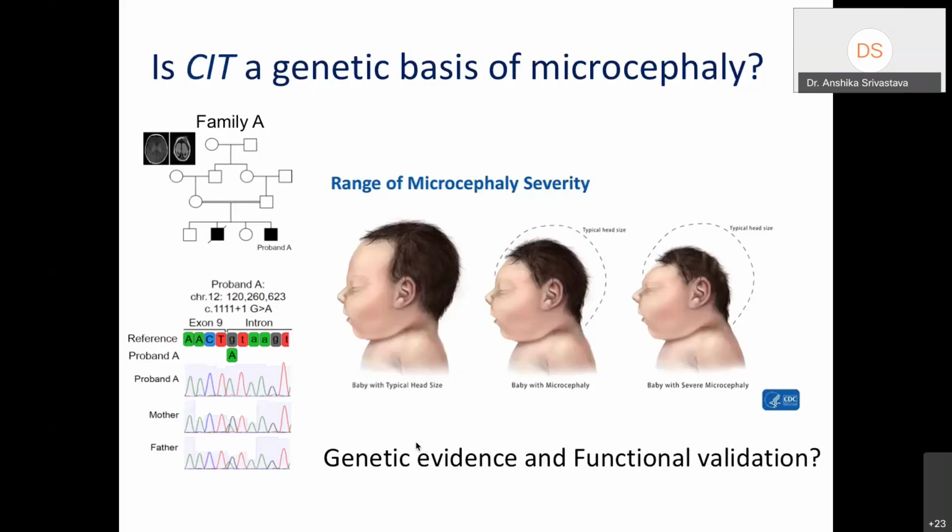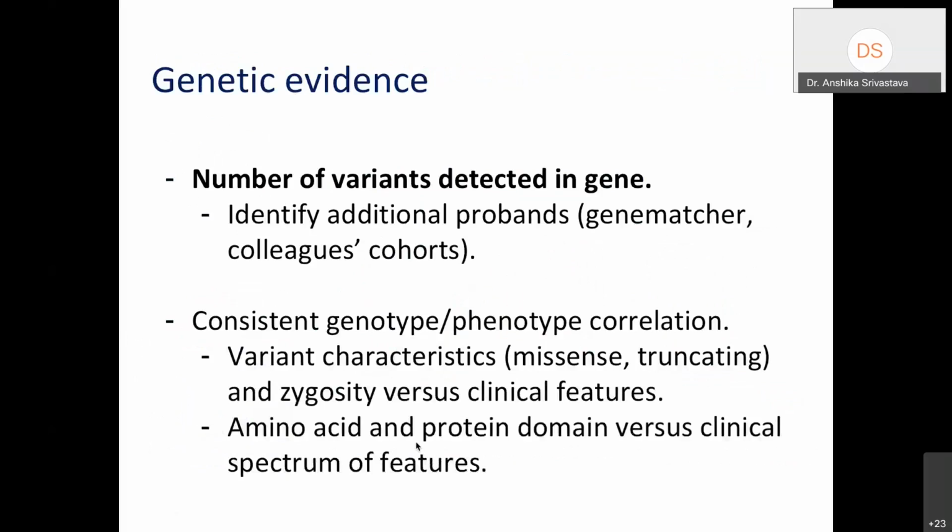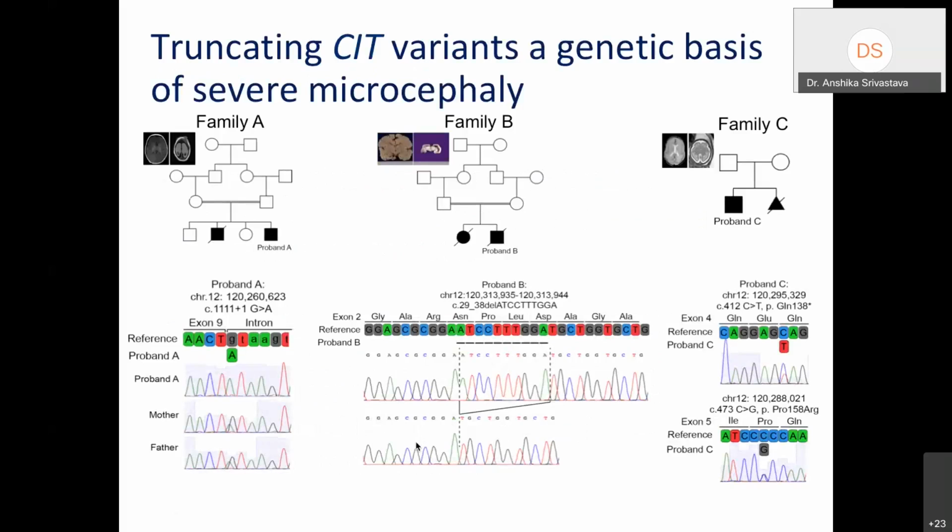So we posted the citron kinase gene on GeneMatcher, and we were able to identify additional probands from GeneMatcher colleagues' cohorts. In this identified cohort, family B was a consanguineous family, and there was a deletion of nucleotides, whereas in family C, there was a truncation of the protein.